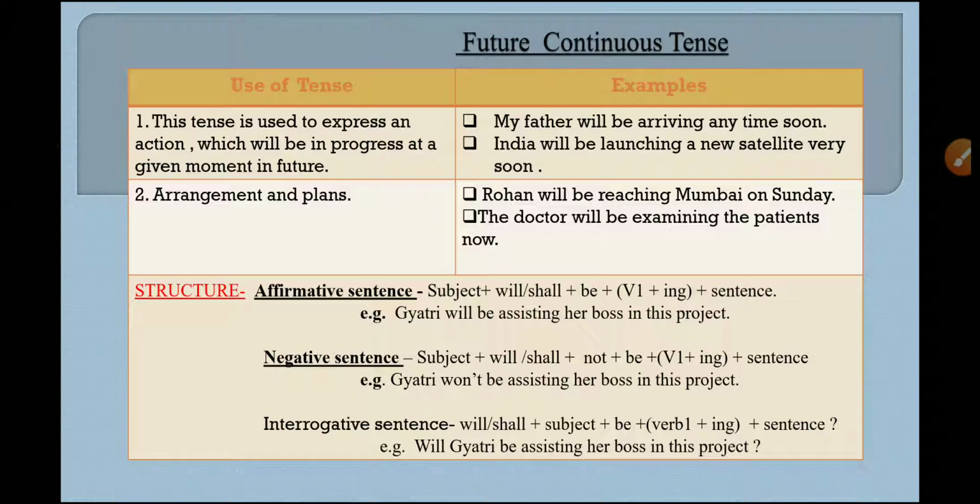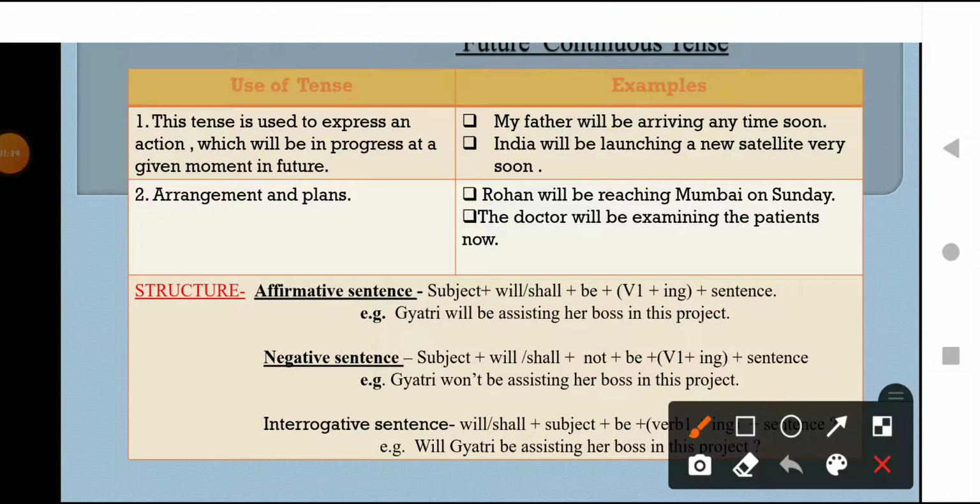Okay, students, now let's see the future continuous tense: the usage, examples and structure. The first way to use the future continuous tense is to express an action which will be in progress at a given moment in future.